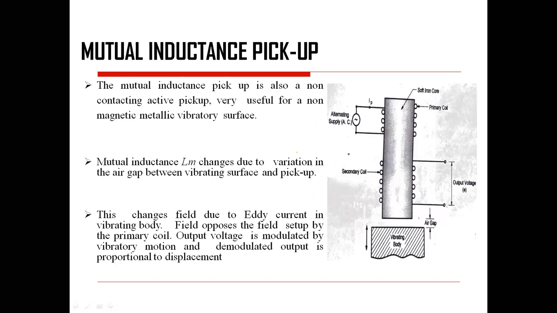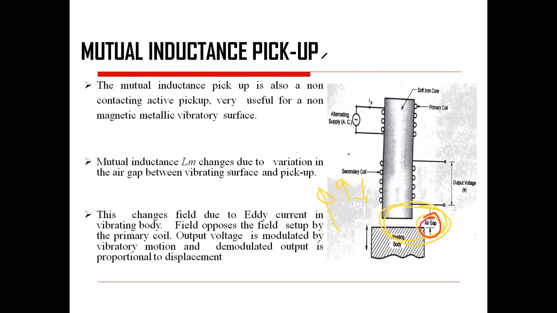Okay. Mutual inductance. Mutual inductance is similar to your LVDT. So here also, similar to the capacitive type, the air gap varies, and the flux linkage, that is phi, will increase or decrease depending upon the air gap present over here.